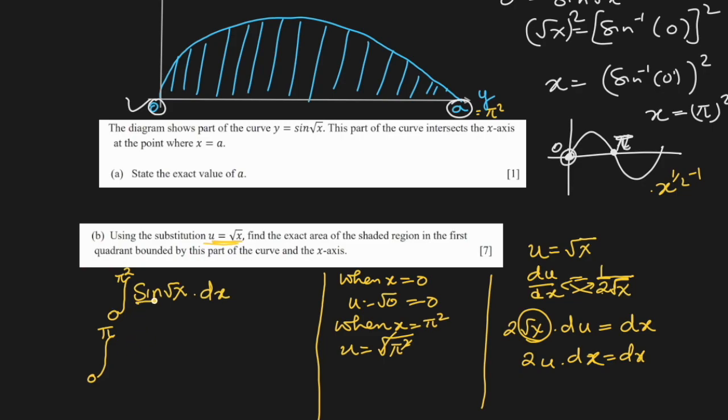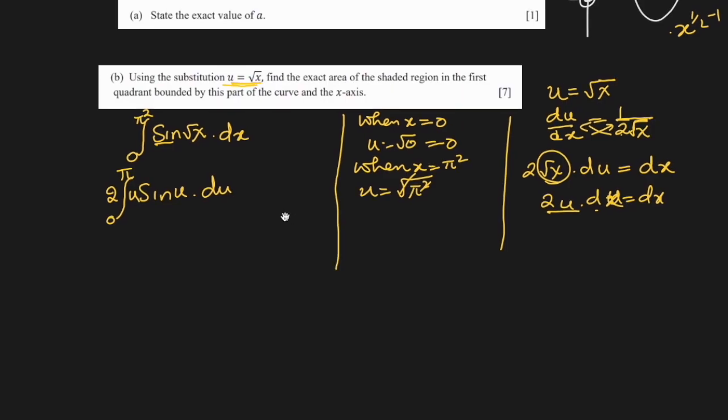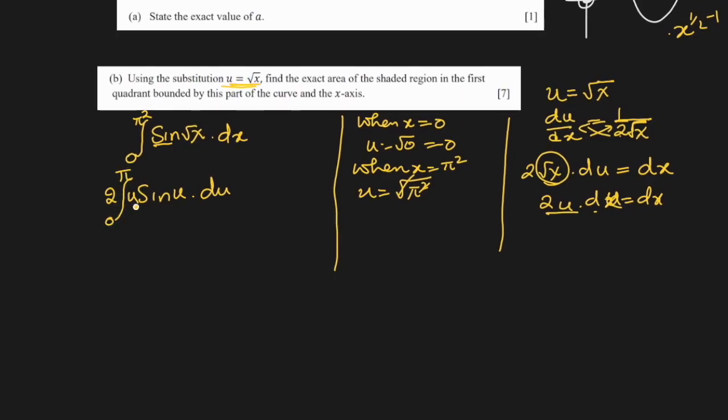So now it becomes sine u, and then we have 2u du, not dx. Let me write 2 outside, u here, and du. This is what we have to integrate, and this will give us the area under the curve. We have also changed the limits.